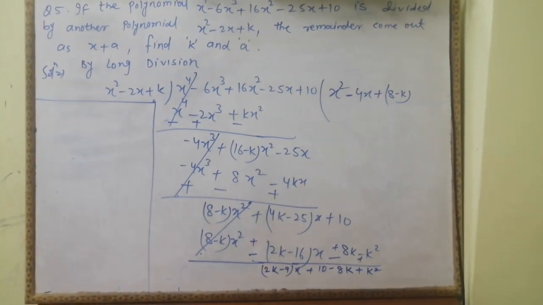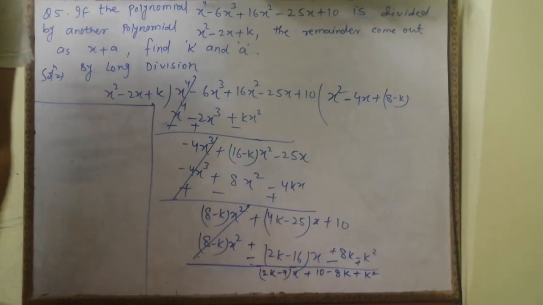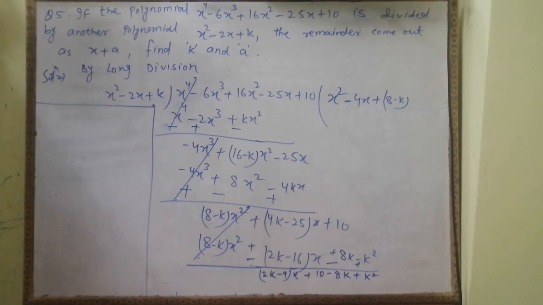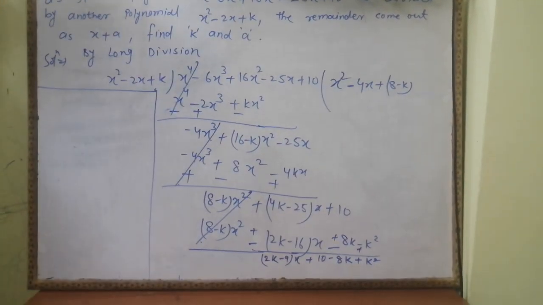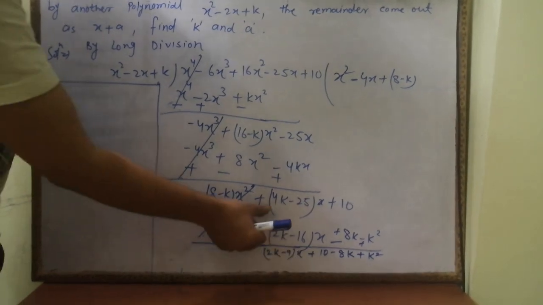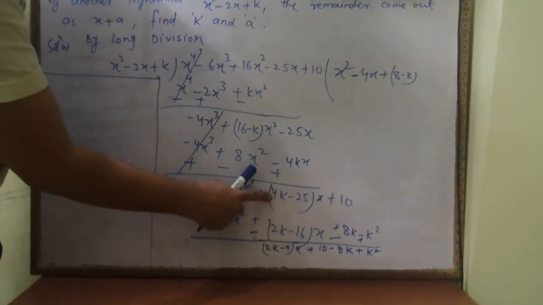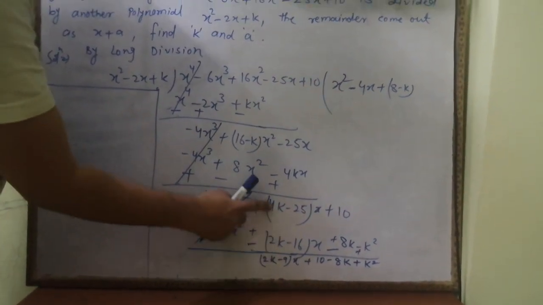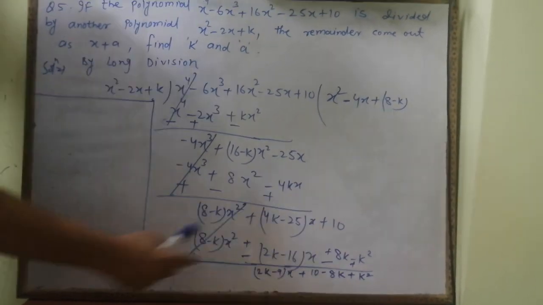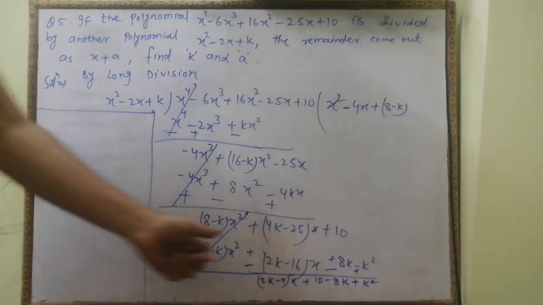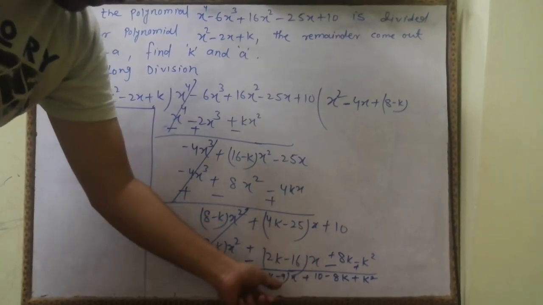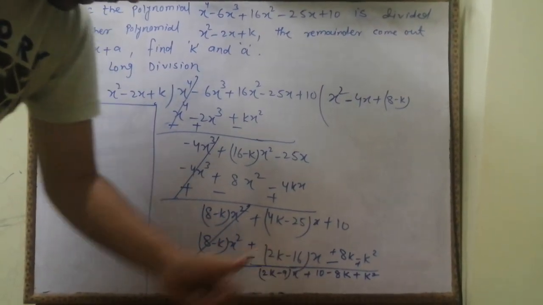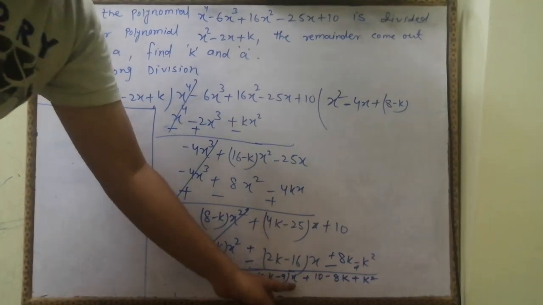Now we have to subtract this one, so either you can subtract in rough process or go directly. If you go directly, take 4k minus 2k, it will be 2k. Again minus 25 minus minus 16 is minus 25 plus 16, it will be minus 9, and then write x outside.